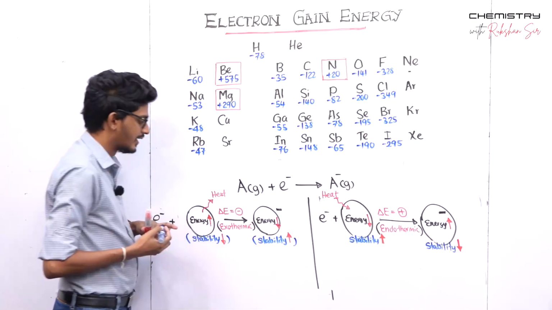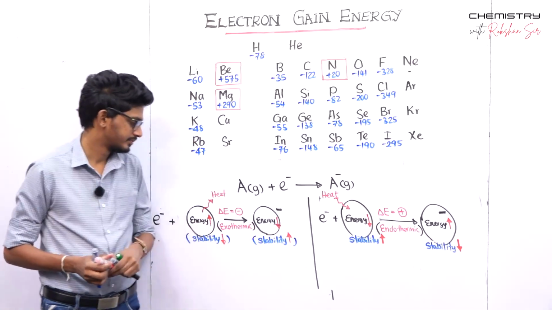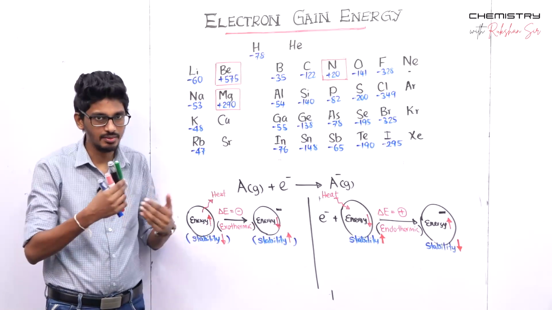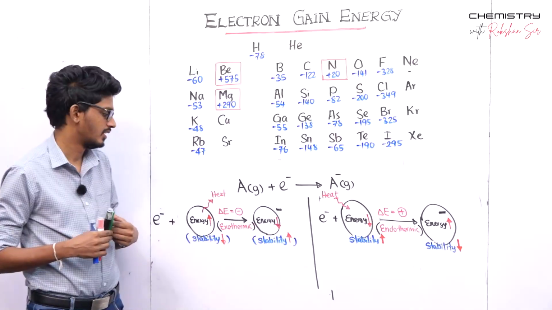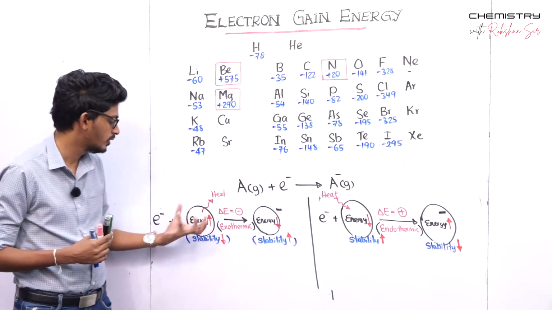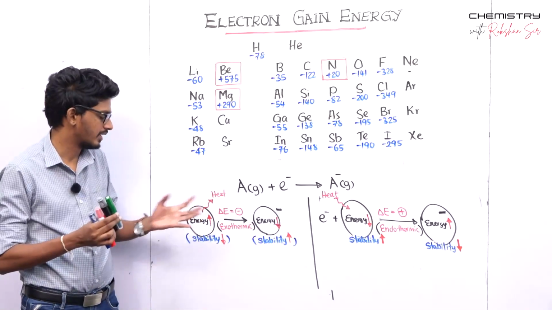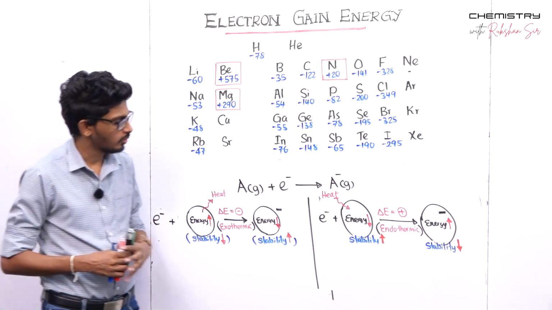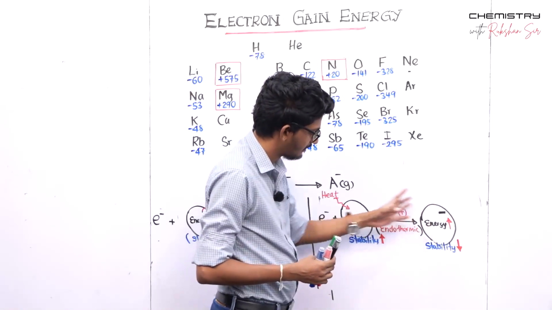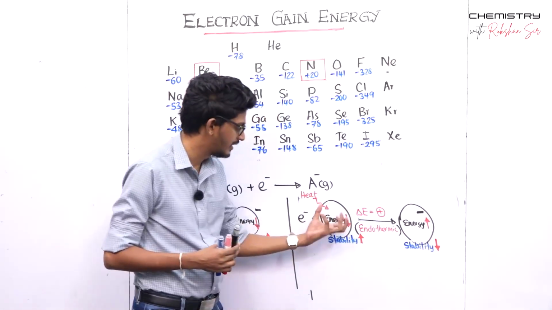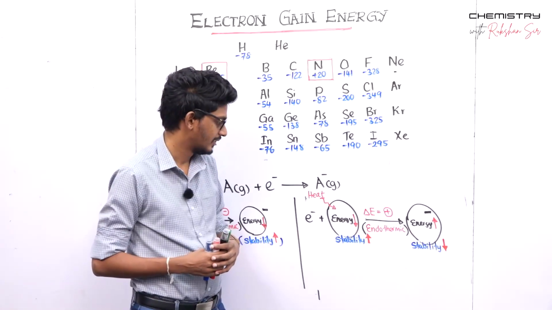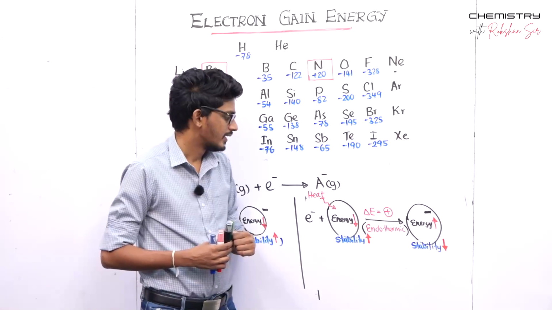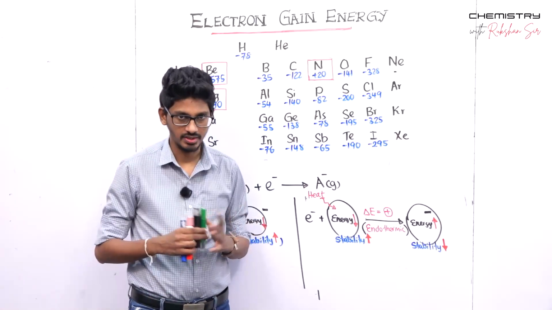If you are keen to do this process, when you are keen to gain an electron, such atoms normally come up with an exothermic electron gain. When you are not keen to accept an electron, in such a situation we will come up with an endothermic electron gain. That is the idea.